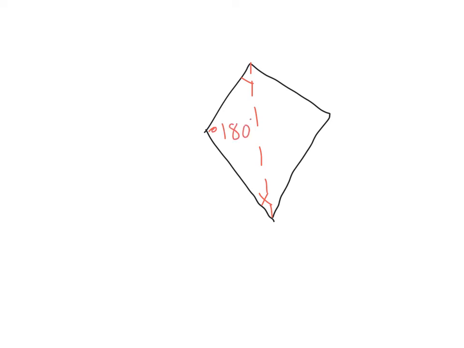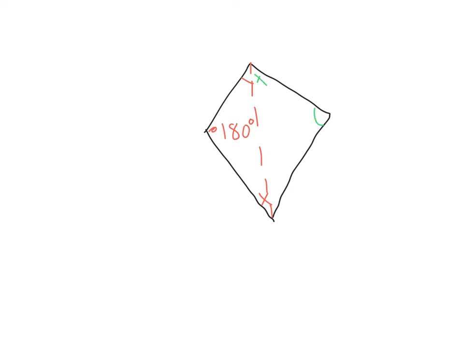So any quadrilateral, no matter how weird it looks, has the same angle sum. So I'll just draw some weird quadrilateral here, okay? Looks kind of like a kite, but it's not quite. Any quadrilateral can be divided into two triangles. We have to divide it so that the angles of each triangle are at the vertices of the four-sided shape. So this plus this equals 180 degrees, but the same in the other triangle.